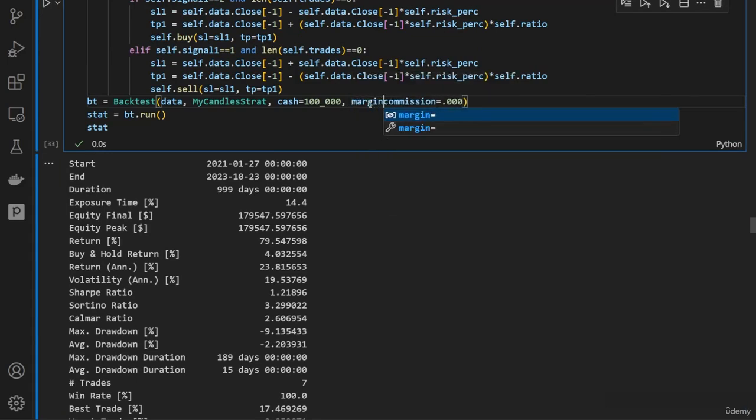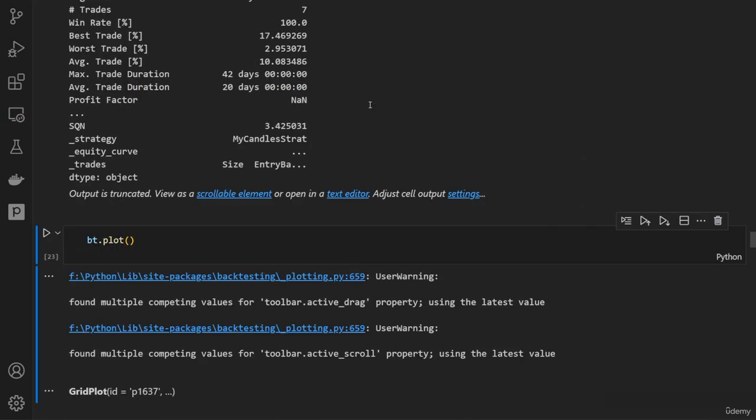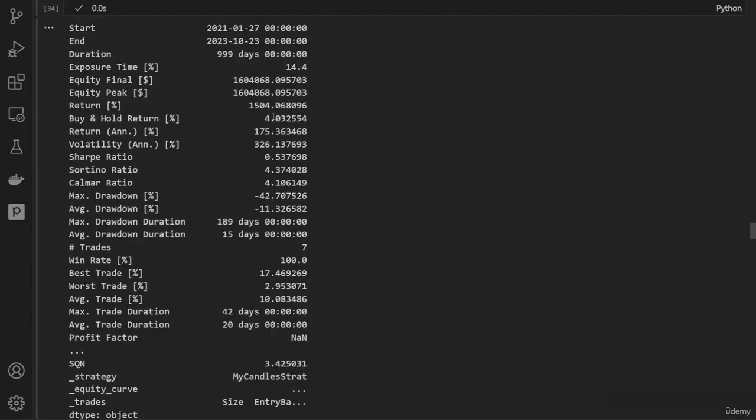So if I add the margin equal, for example, 1 to 5, we could run this test again, and we have 1,500% in return. So an annual return of 175%. This is huge.